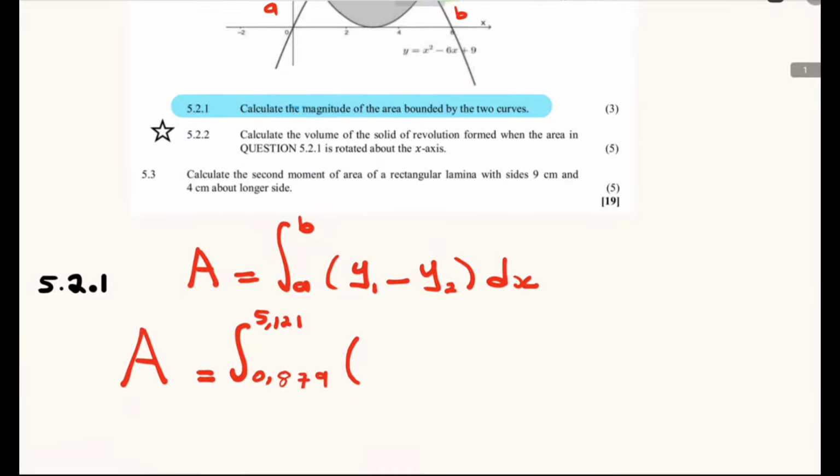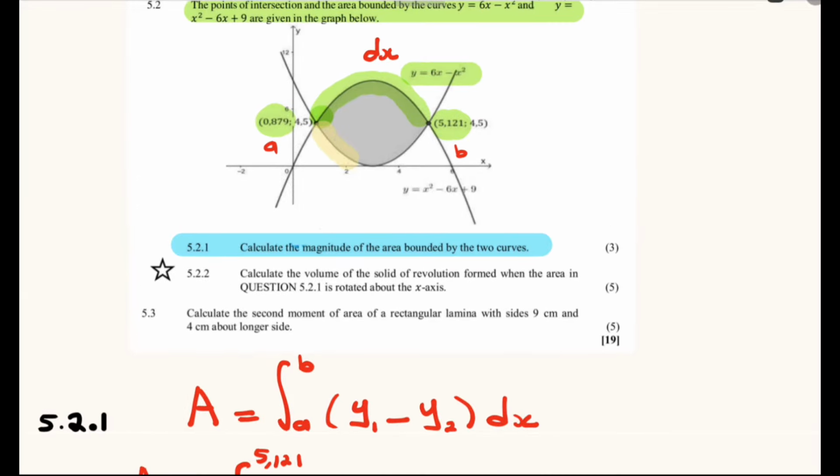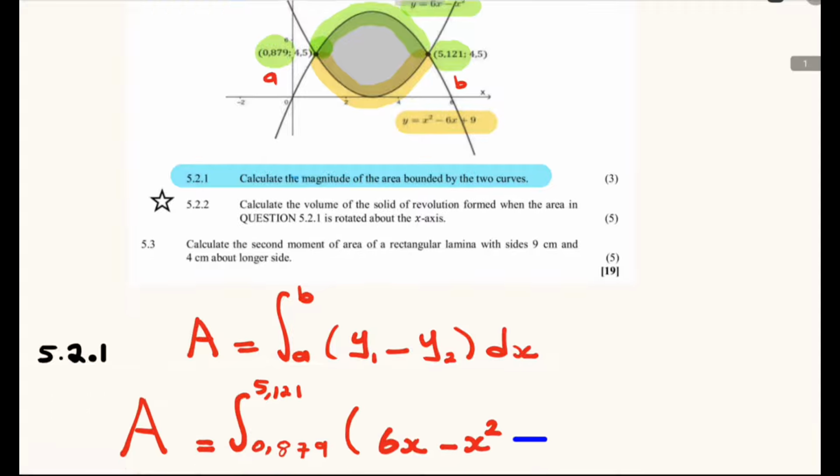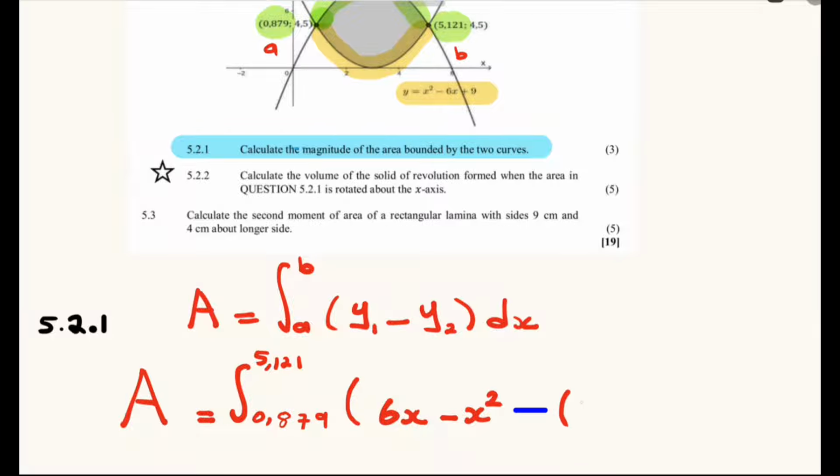So our y1 is the 6x minus x squared, minus our y2, the function which is below where the area is, the x squared minus 6x plus 9. So in the place of the y2, we are going to substitute the x squared minus 6x plus 9 dx.